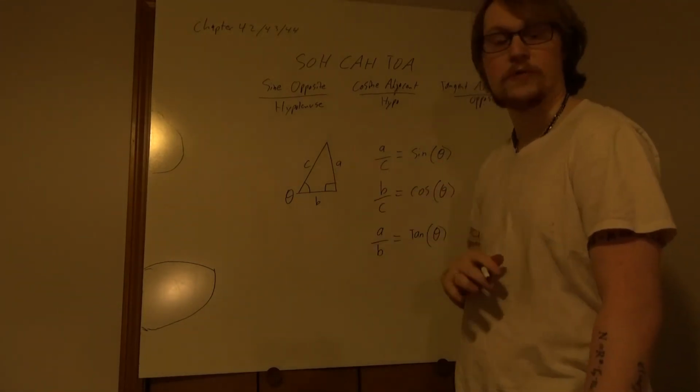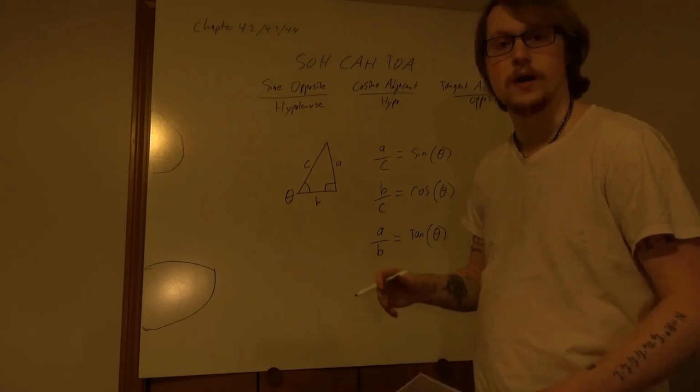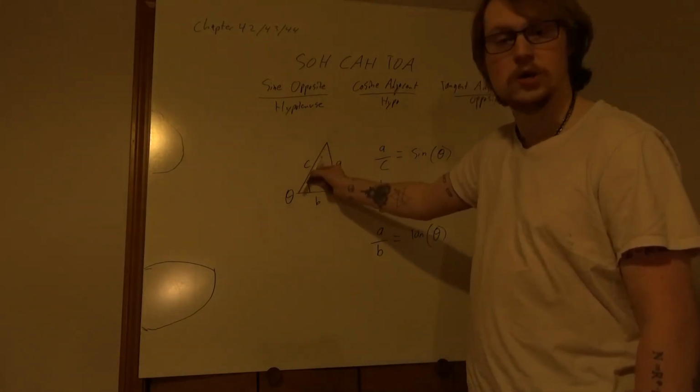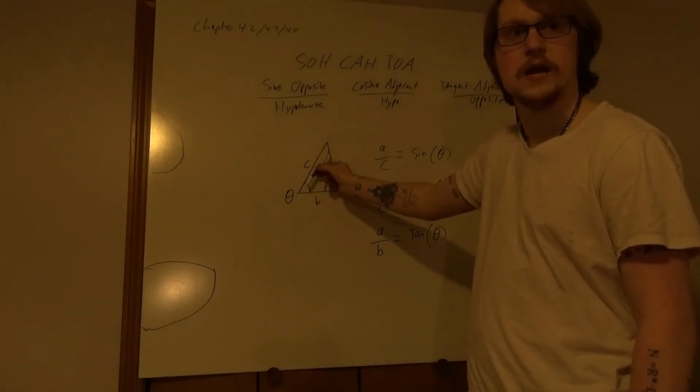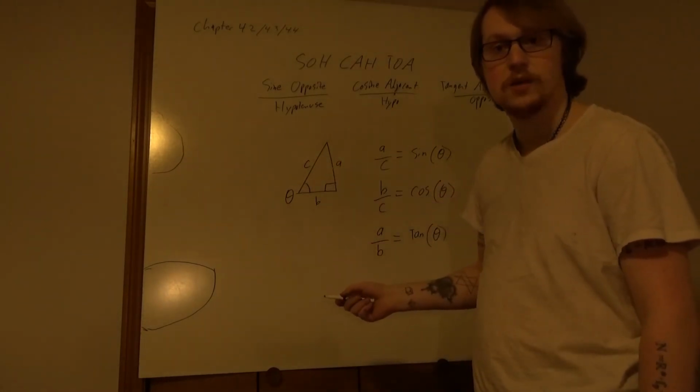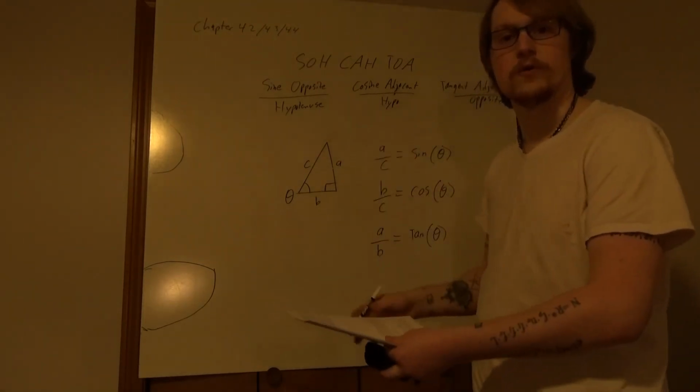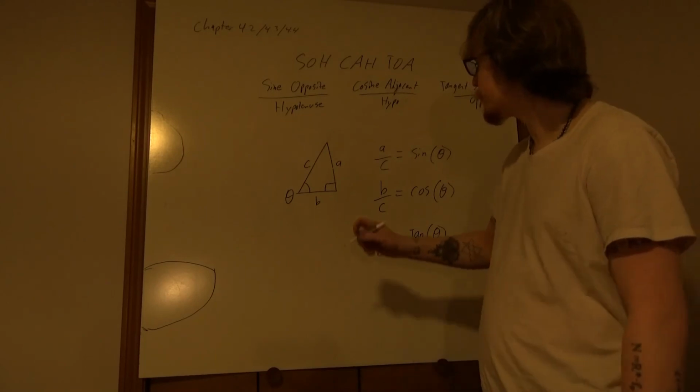Note that we can perfectly disambiguously refer to these things because the hypotenuse, while it is also adjacent to this angle, is not one of the legs. So by talking about the legs, we can unambiguously refer to these things for any triangle.